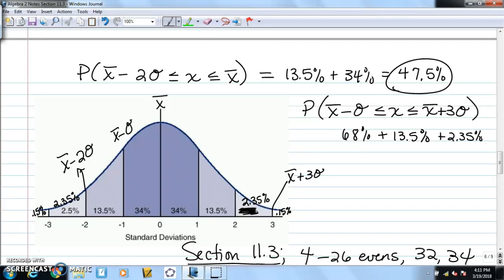That would work. Or we could take all of this that's less than the plus 3, which would be all but 0.15, so 99.85%, minus the rest of it down here, which would be 13.5 plus the 2.5, those two together are 16%. If you do the math on those, you're going to end up with the same thing.